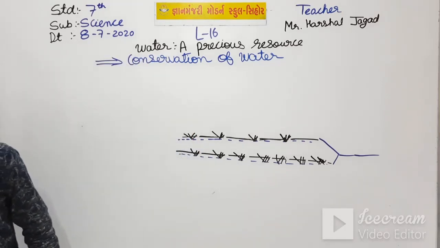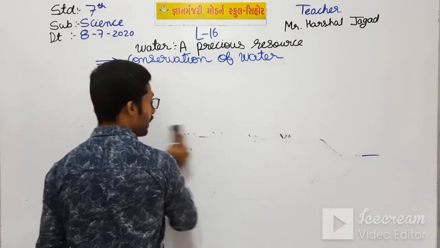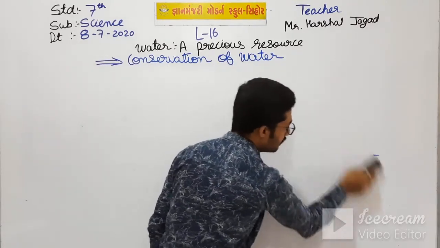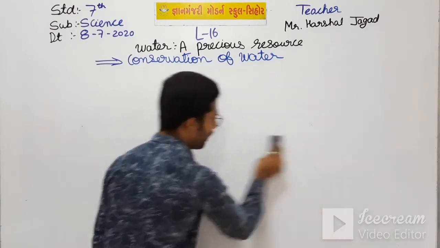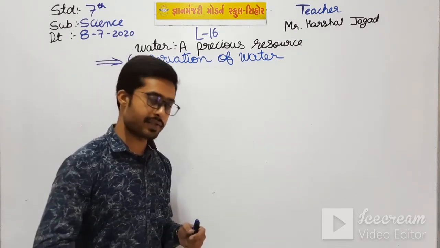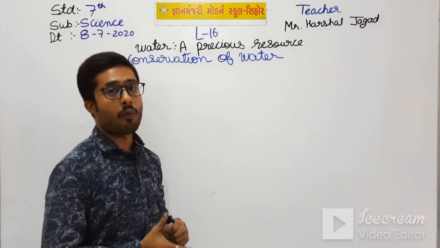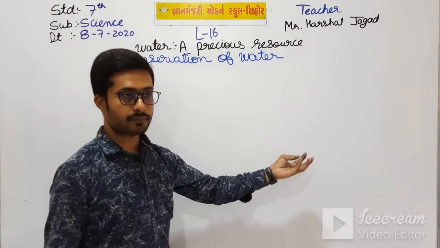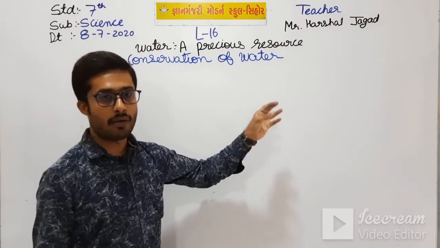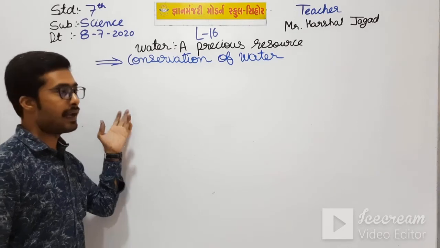And we can also save the rainwater. So how is rainwater saved or harvested? When I taught you the water cycle, I said that sea water evaporates in the summer and forms clouds, and the clouds travel towards the land and it rains.